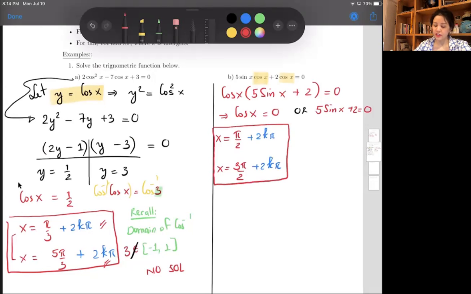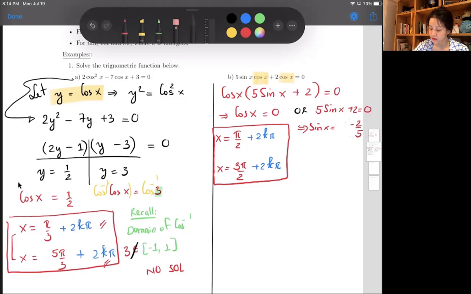Okay, so for the second case, the right-hand side, I have 5 sine x plus 2 equals 0. So this implies sine x equals negative 2/5, right? You subtract 2, divide both sides by 5. You get sine of x equals negative 2/5. Again, you cannot look this up on a unit circle, so we're going to use the inverse function.